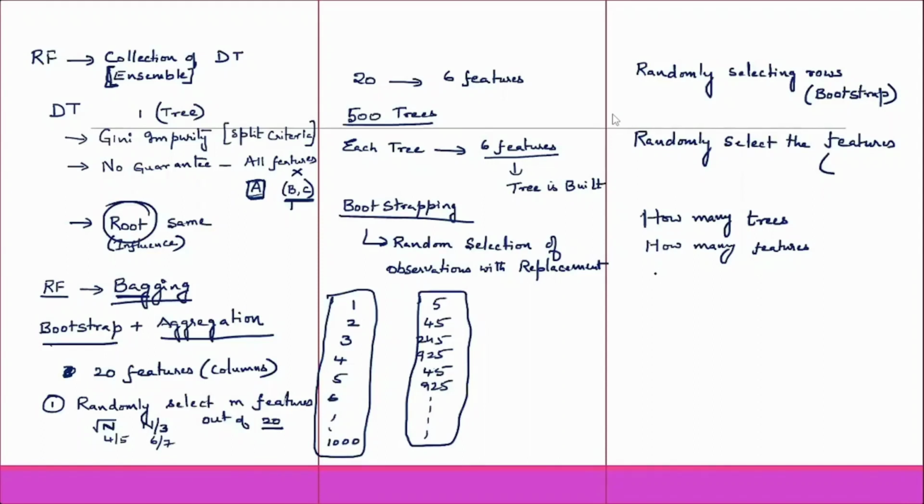Or what is the bootstrap percentage? Here I'm talking about exactly 100%. So if my data is 1000, bootstrapping also creates a data set with 1000. So these would be the typical hyperparameters.